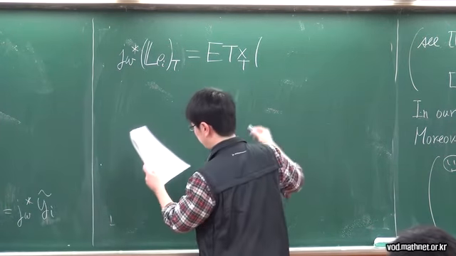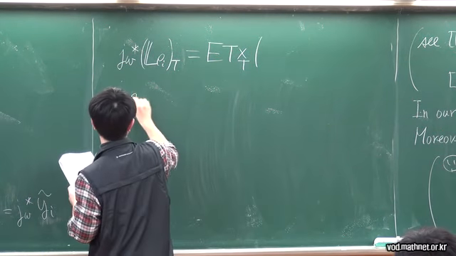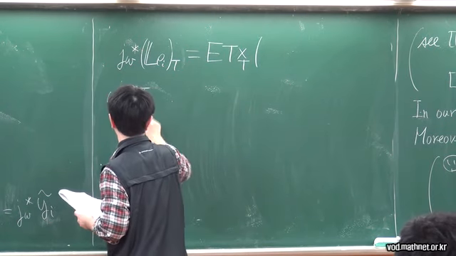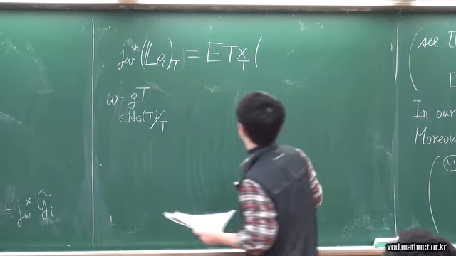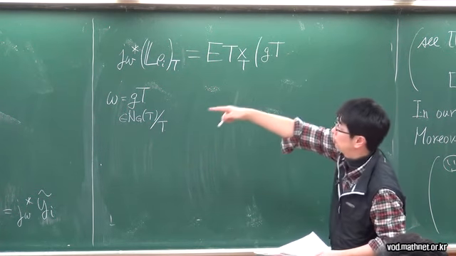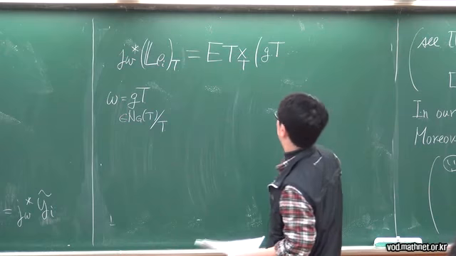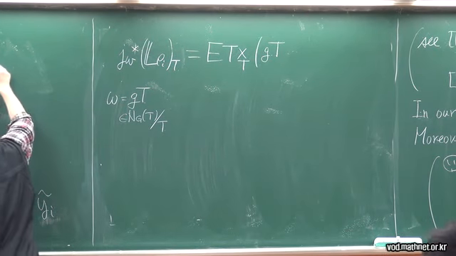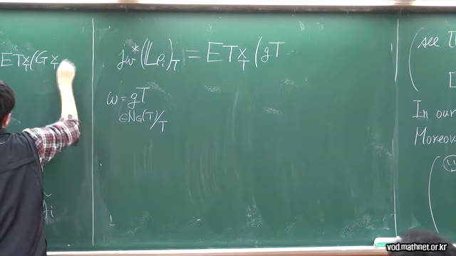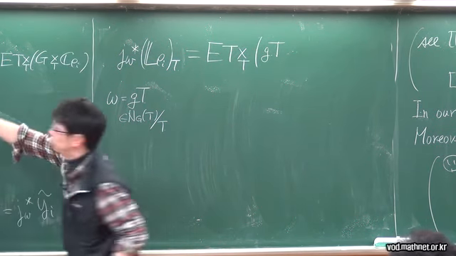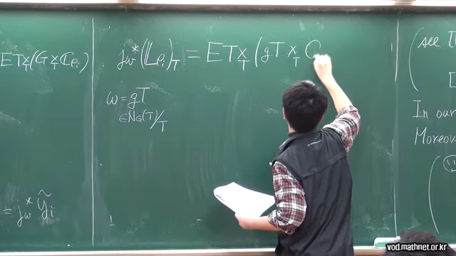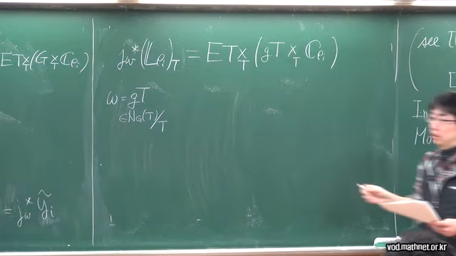And now this W can be written by some GT because of the T over T. So let's say this W is a GT. Then this pullback map can be written by, okay, let's remember, C rho I. So this is pullback to the only one point. So this is nothing but this kind of thing. Rho I.